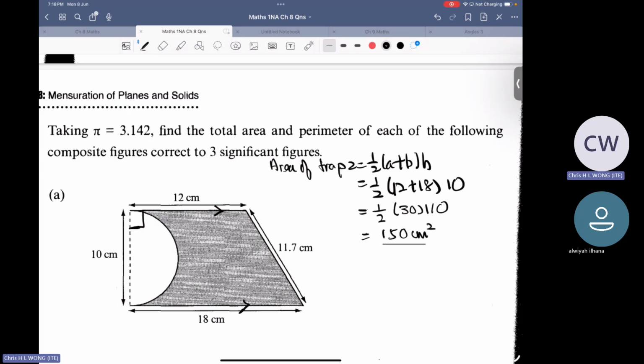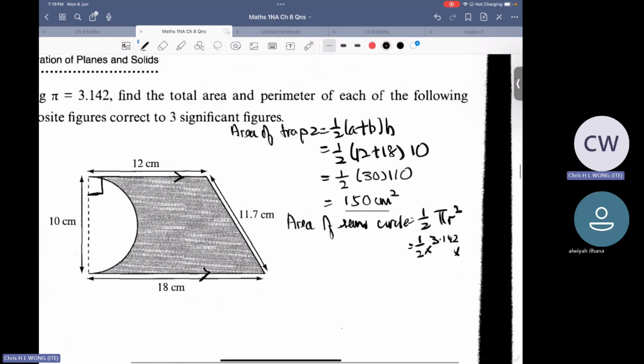Now I'm going to find the area of the semicircle. Half pi r squared. Why half? Because it is half of the area of a circle. I put a half there because this is a half circle, so I must divide by 2. Equals half times 3.142 times r squared. Diameter is 10, radius 5.